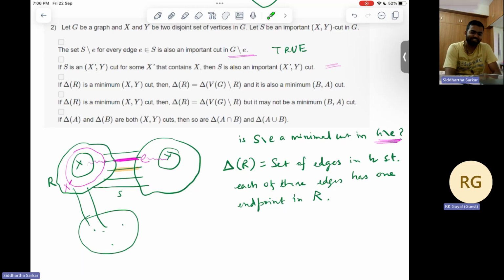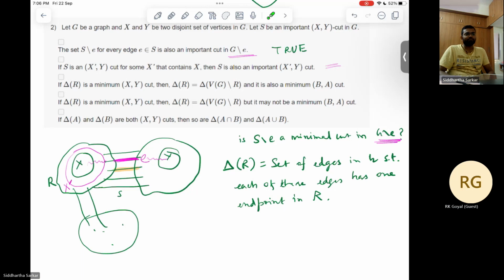This is simply saying that there is a cut. One side of the cut is R, the other side is the rest of the world. If it is a minimum cut, because this is an undirected graph, it is not claiming anything about being an important cut. It is only talking about being a minimum cut.